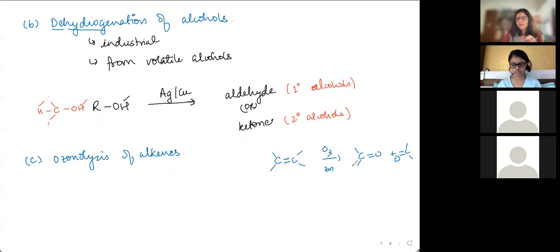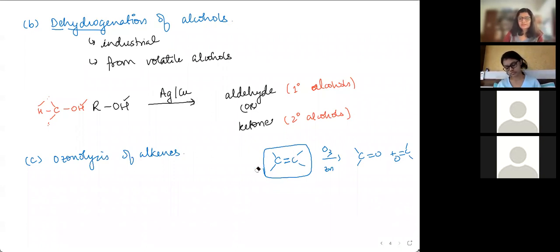So if you want one specific aldehyde or one specific ketone, you need to take a suitable alkene so that you get the same product on both sides. If you don't mind a mixture, then you take any random alkene. But this is essentially what's happening.